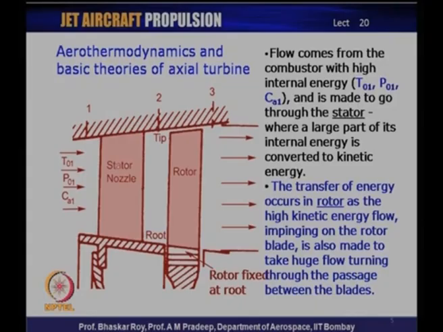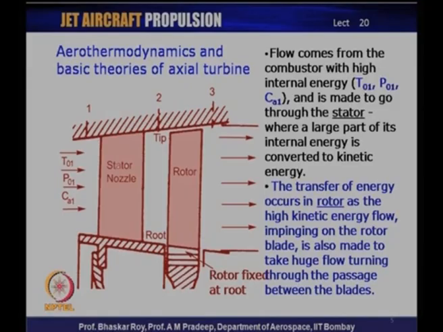As we have just seen, the rotor has to do a large amount of work to probably run a number of compressor stages, and we can do that only if the flow is impinging on the rotor with very high kinetic energy. So, creation of kinetic energy is a crucial element in the operation of the turbine and in the creation of high work through this rotor.